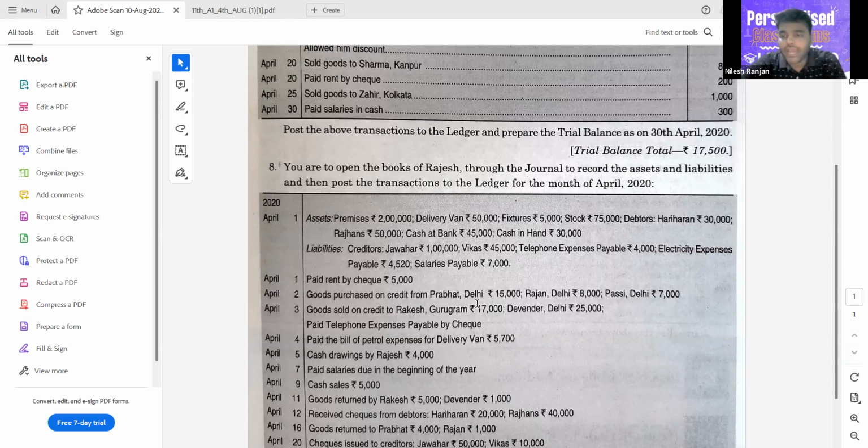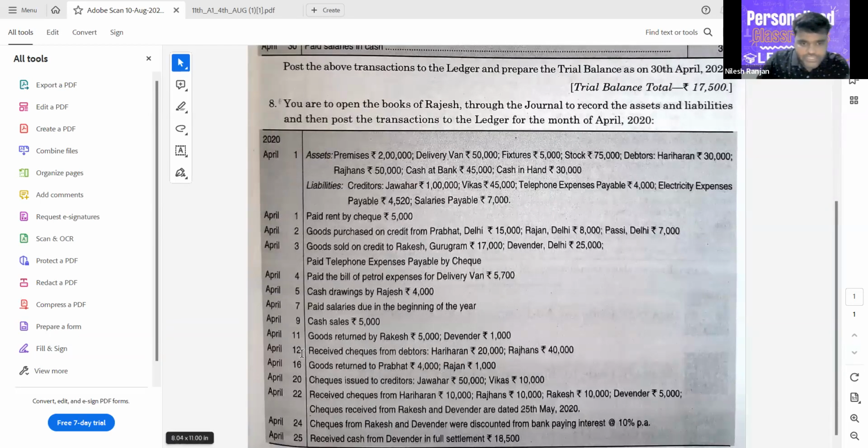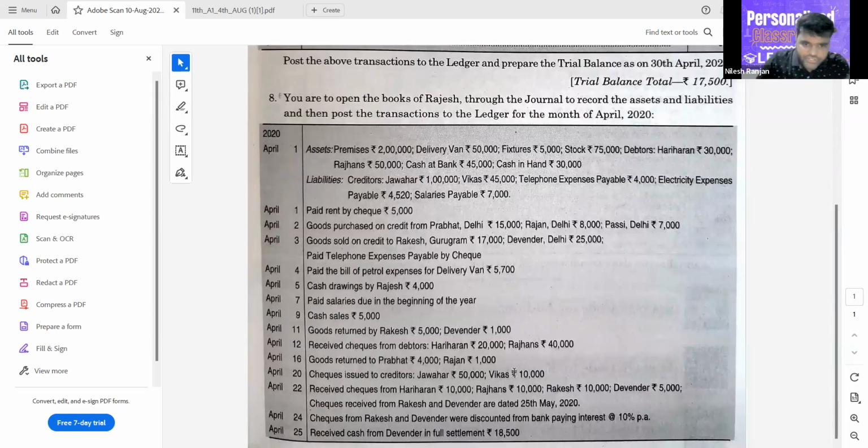If you have any transaction with Hariharan, okay. Yes, you can see the April 12th transaction.